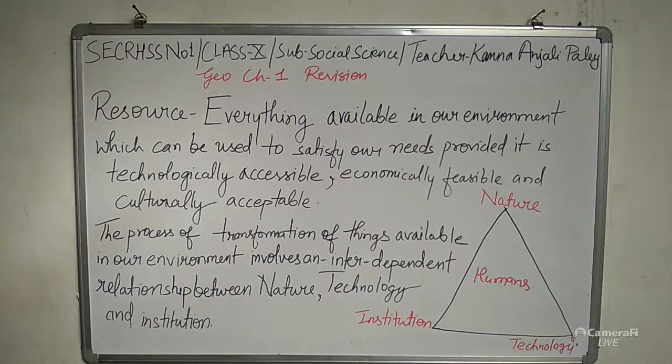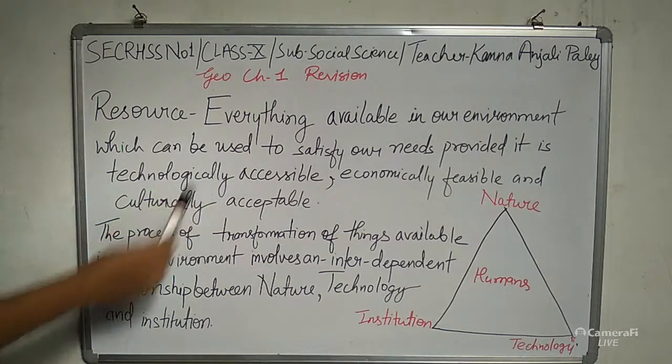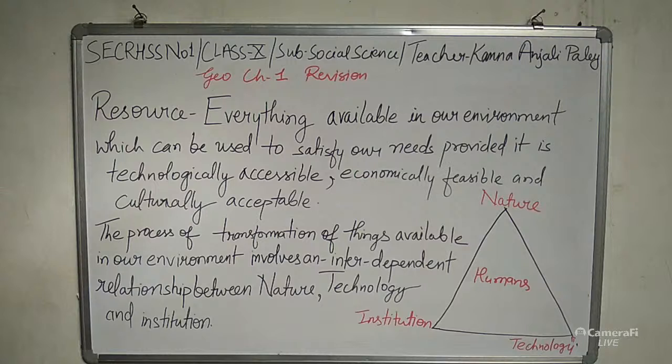Means the resources or the things which we get from the environment become resources when they are technologically accessible for us. Means through technology we can extract these resources. We should have technology to use those resources.